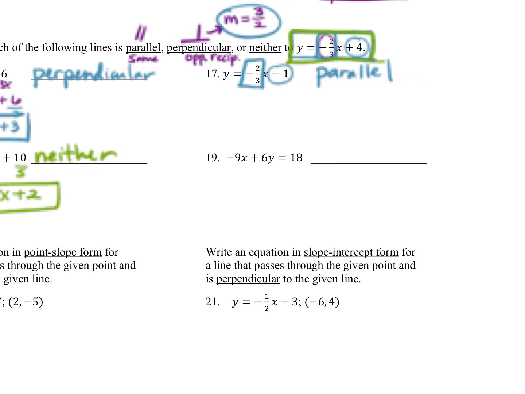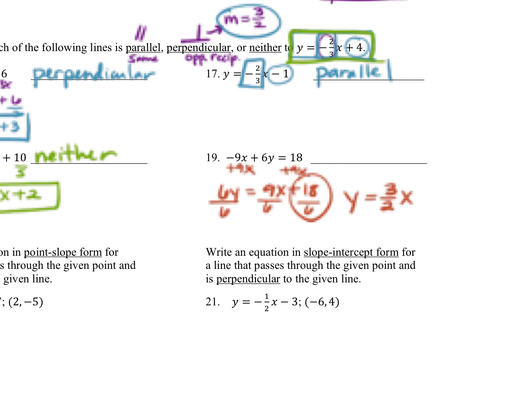All right, last one of these. So we are going to isolate our y. So we're going to add 9x to both sides. So 6y equals 9x plus 18. And then we're going to divide by 6 on all of them. Okay. So y equals 9/6 is going to be 3/2 times x.